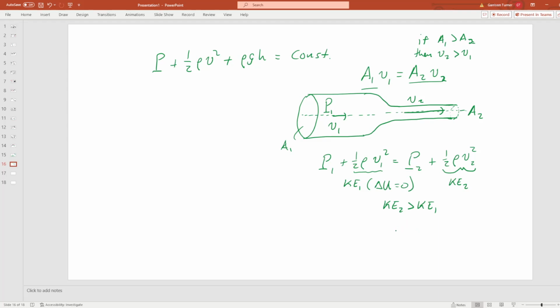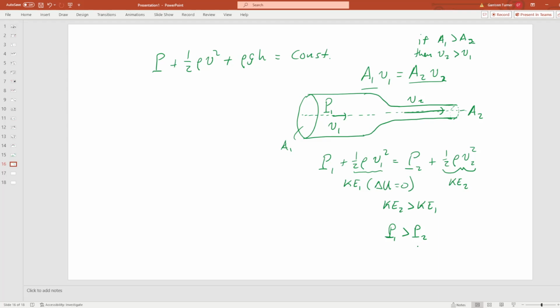So that implies that for this equality to hold true, P1 must be larger than P2. Okay? So the pressure in a larger part of your pipe is going to be larger than the pressure in the smaller part of your pipe.